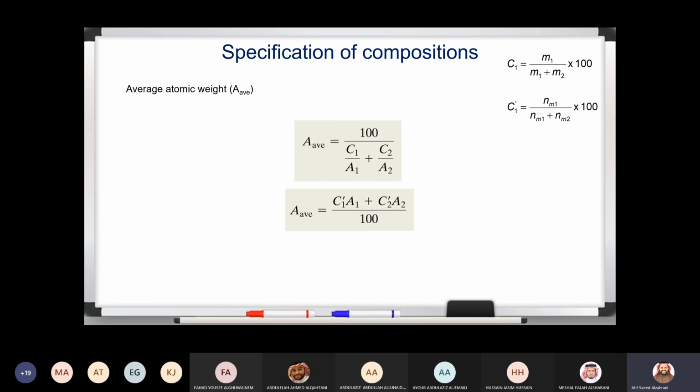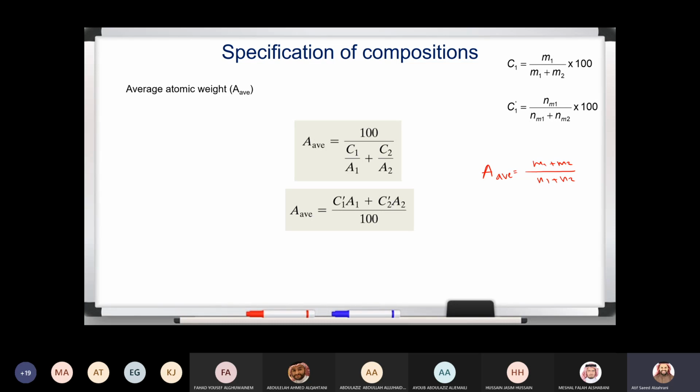Or sometimes we need to find the average atomic weight. In that case, average is basically M1 plus M2 divided by N1 plus N2. And you can basically apply the equations again to find the average atomic weight. We're going to solve an example about derivation in a minute.